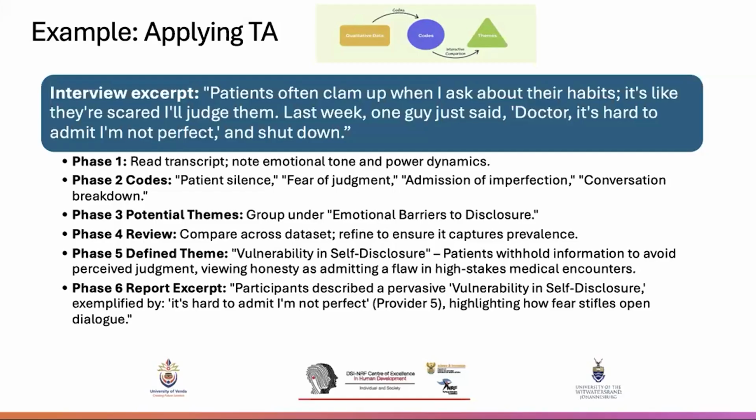For example, the patient silence, the fear of judgment, admission of imperfection, and the conversation breakdown. So this means that you will now start having different codes trying to explain exactly the emotional and power dynamic that was taking place in this conversation between the patient and doctor.